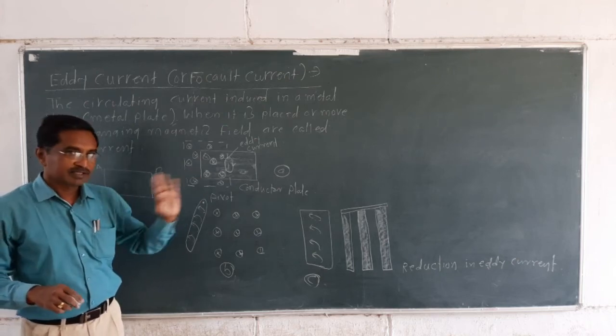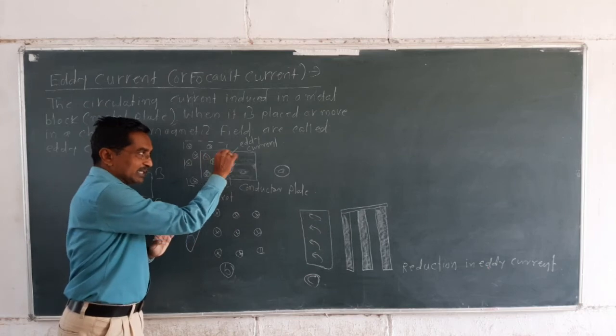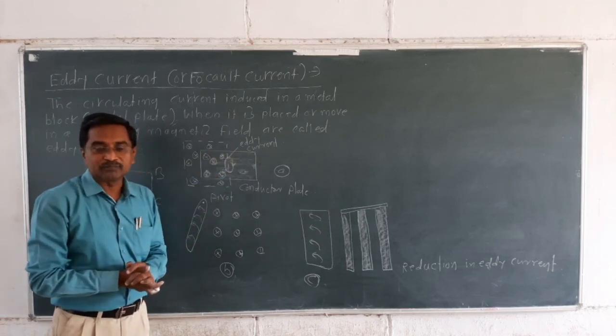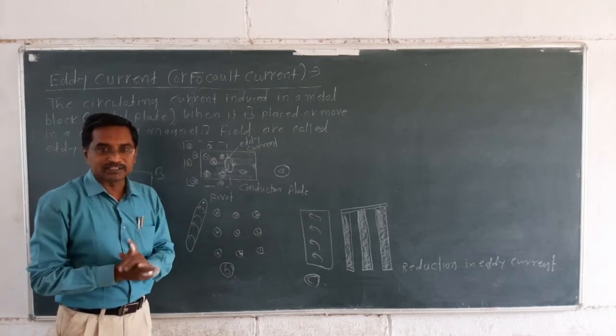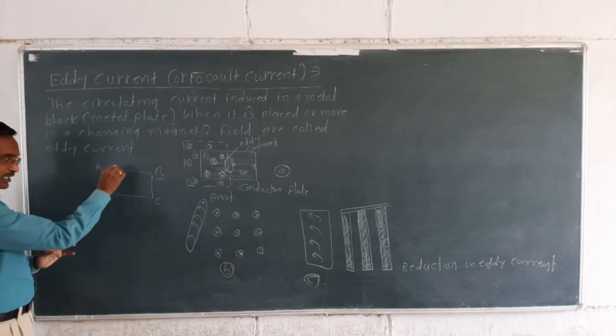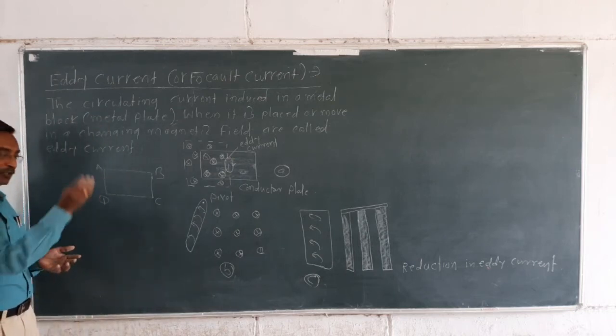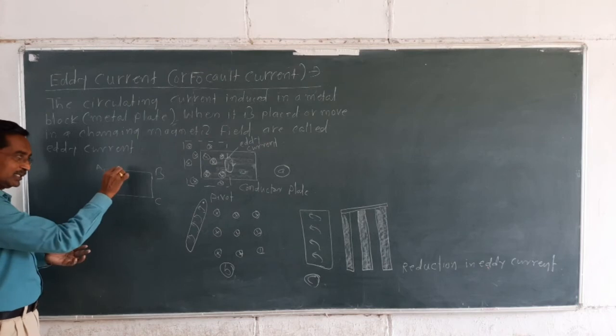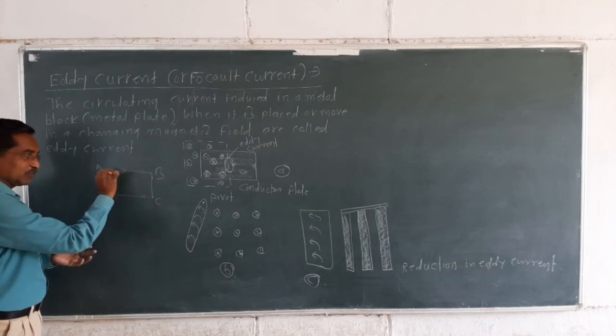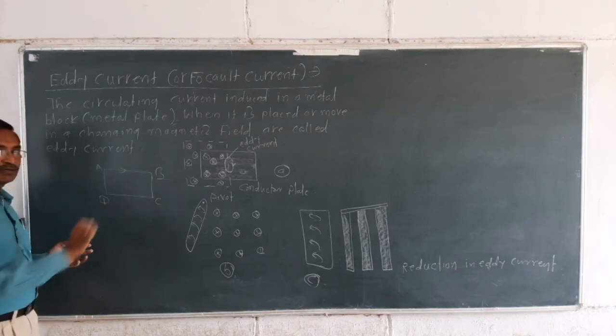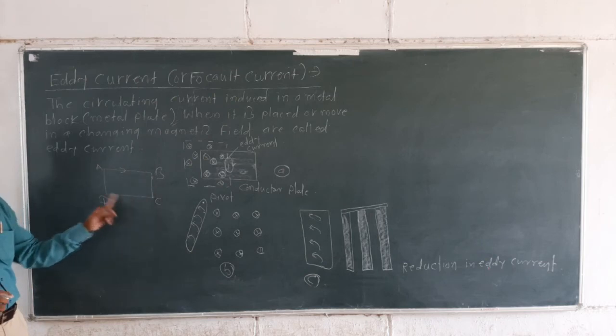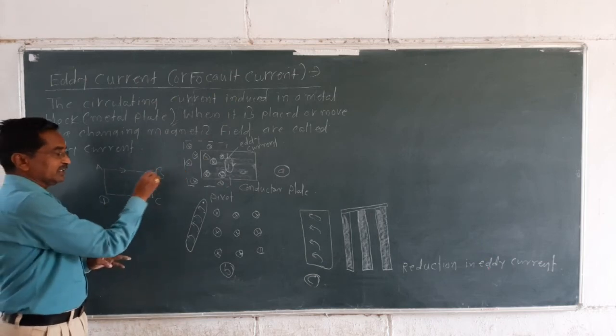But the induced current which is generated in this plate now is different. See, if you consider the loop, the induced EMF is generated, and due to that induced EMF, the induced current has the path of the current. But here we consider not a loop.